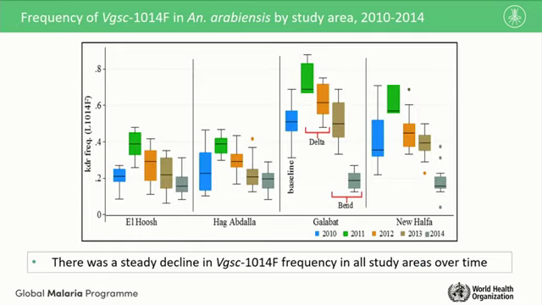Looking at the KDR frequency in Anopheles arabiensis populations here, we have a series of 5 data points from each of the 4 study locations. What you will immediately notice is that there's this leap from 2010 to 2011. That's going from the blue to the green box whiskers there. The 2010 data were used for balancing the randomization.